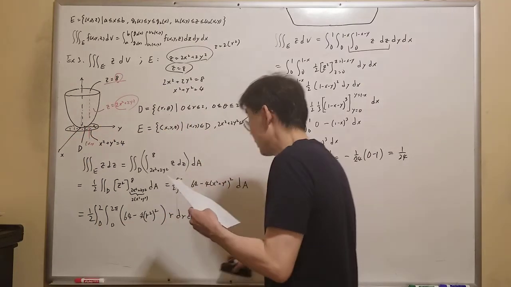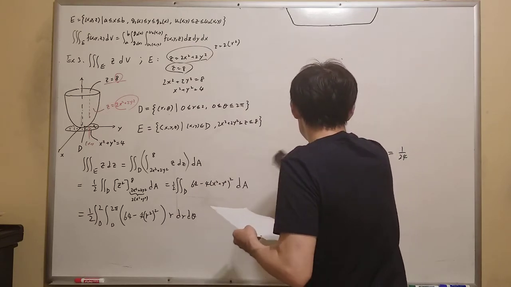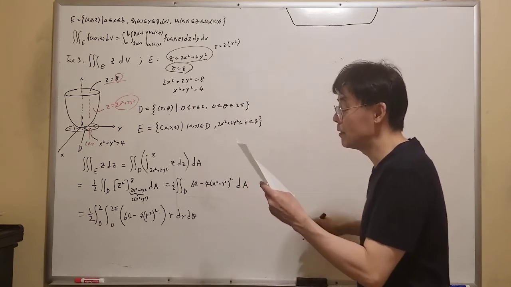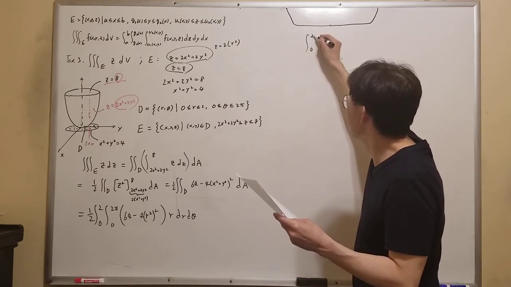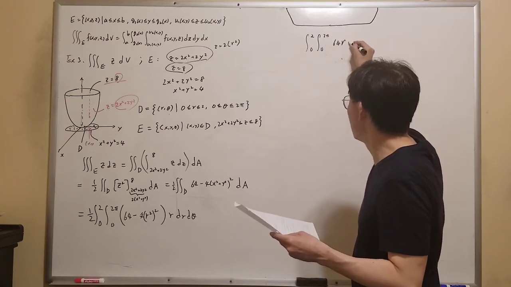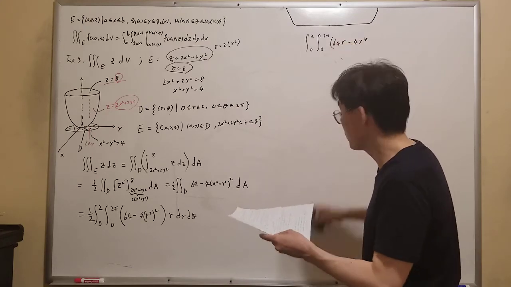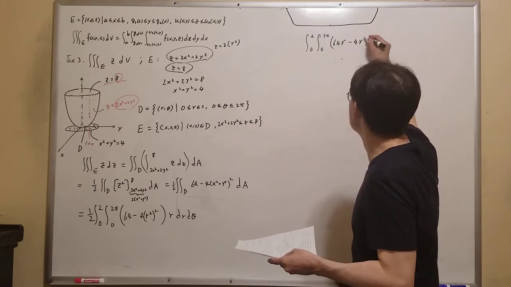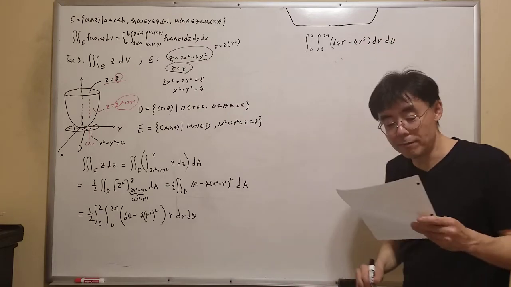So you're going to have 0 to 2 pi, 64r minus 4r to the fourth, now fourth becomes r fifth, d theta. And you can finish easily.